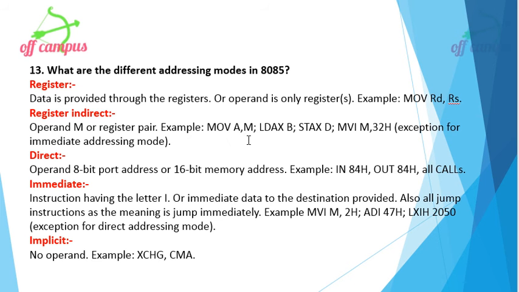MOV A, M or LDAX B, where X denotes the register pair. So for register indirect, there is no register given directly like source and destination registers. It is given as a memory location or a register pair, like LDAX.